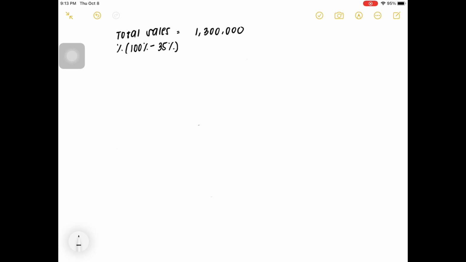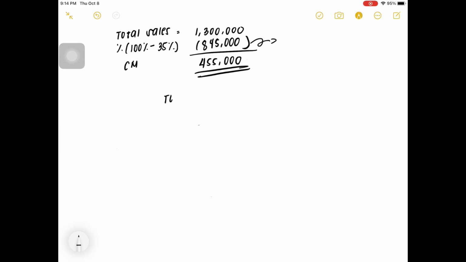So we're going to multiply 1,300,000 by 100 minus 35%, which is 65%. This would give us 845,000 variable costs. So for contribution margin, of course, we're going to get 455,000.